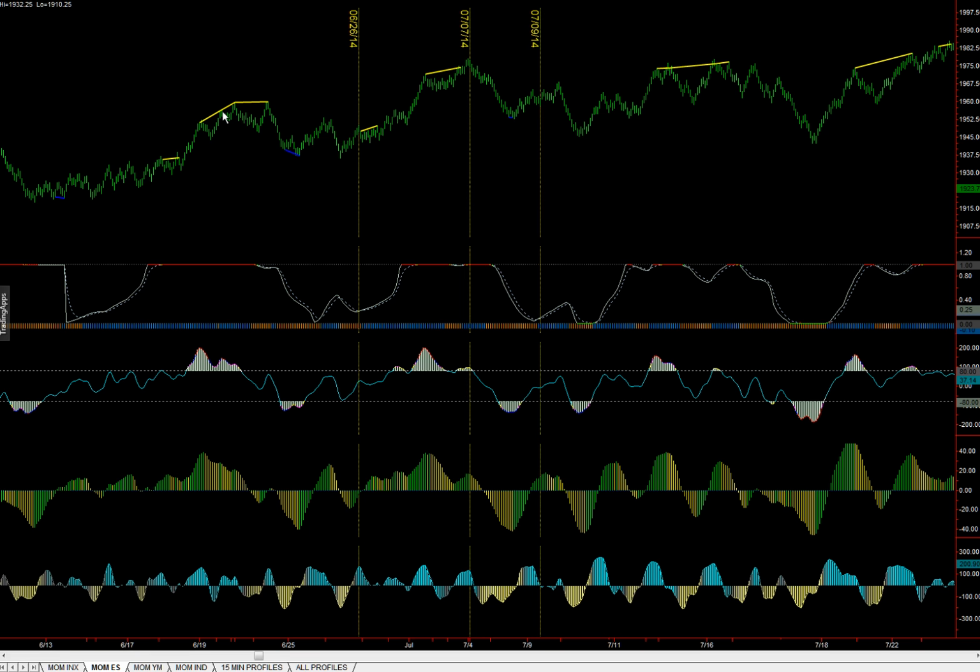And when the divergence takes place, we're getting ready to take advantage of that because we anticipate a change in market direction. The divergence is calculated based upon the price action of the SPOOs and the corresponding value of the indicator in subgraph 3.